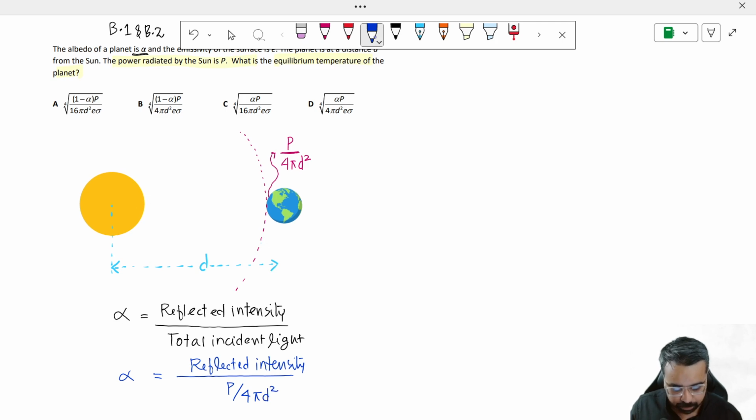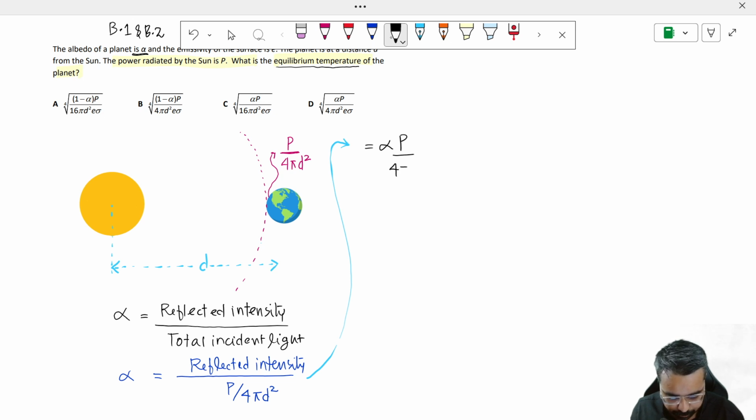It is important to know how much is reflected, because it will give us the amount of radiation which is absorbed. Because the thermal equilibrium temperature is actually due to absorbed light, not due to the scattered or reflected light. So the reflected intensity is equal to alpha power over 4 pi d square.